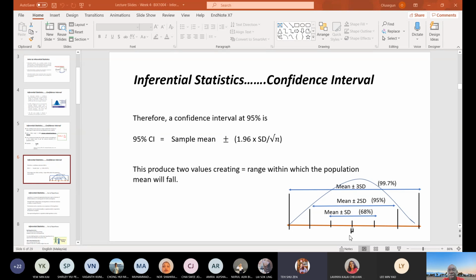Okay, the plus minus is saying, when you have a mean, let's say the average age of everybody in our class is 22. Let's assume 22 average, that is the mean.